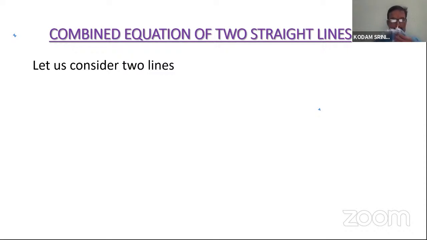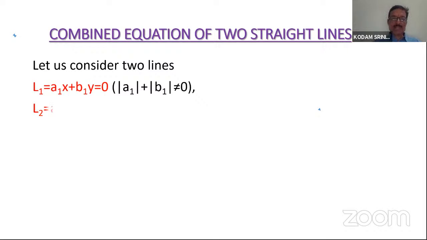So let us take any two straight lines. Consider two straight lines, L1 equals a1x plus b1y equal to 0, where modulus of a1 plus modulus of b1 must not be equal to 0. Similarly, L2 equals a2x plus b2y equal to 0. Here also modulus of a2 plus modulus of b2 is not equal to 0.